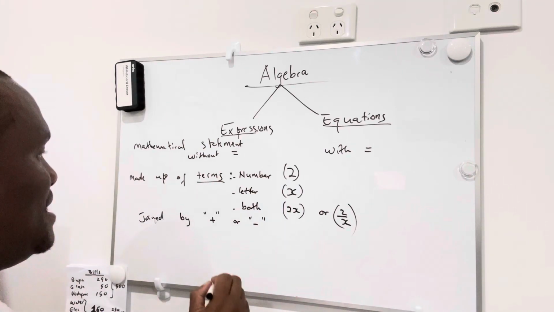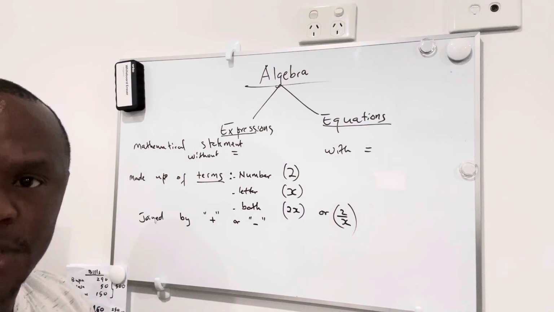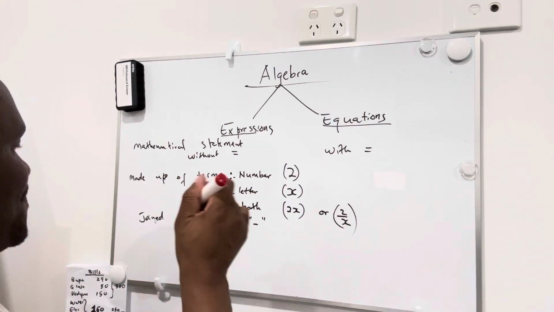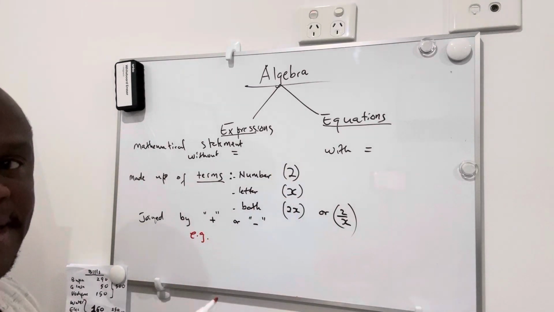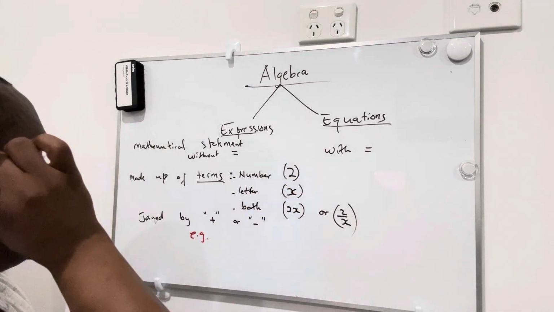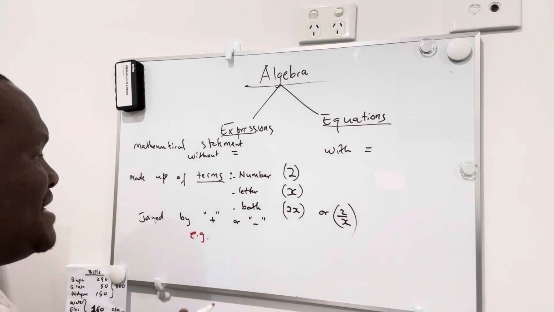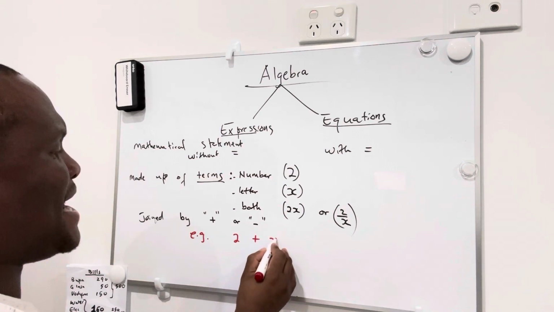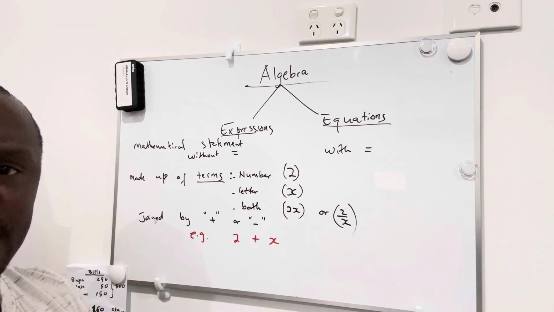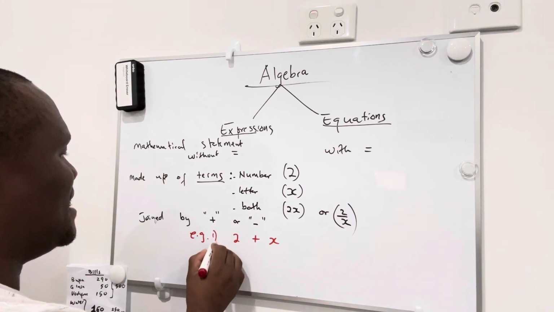For example, now we are going to form an expression using these, and we can join them by plus sign or minus sign. We can say 2 plus x. This is the expression.